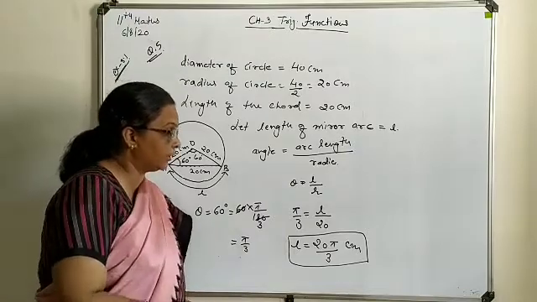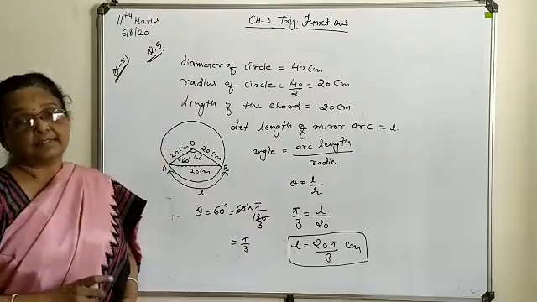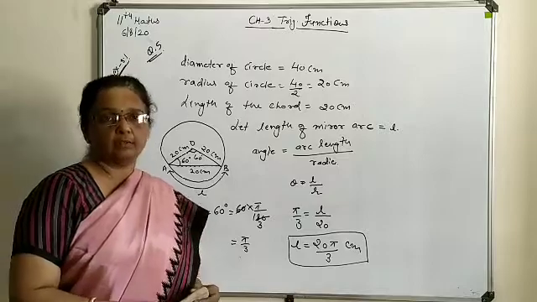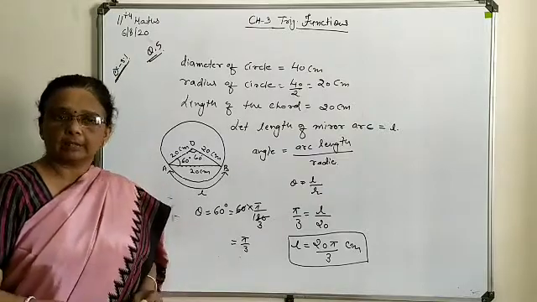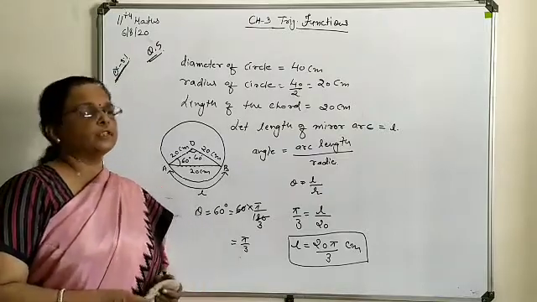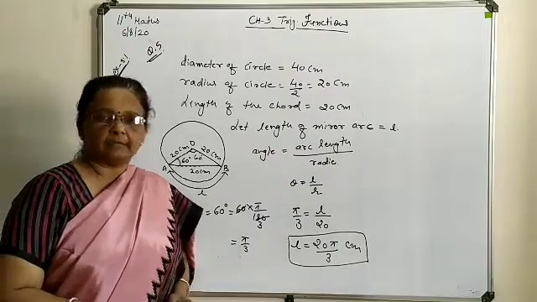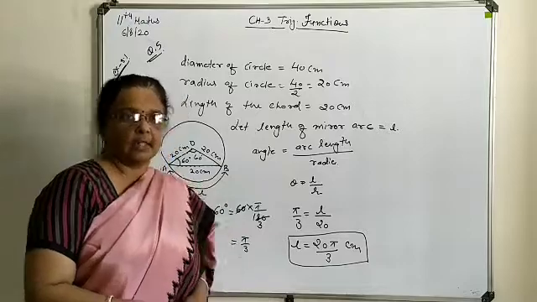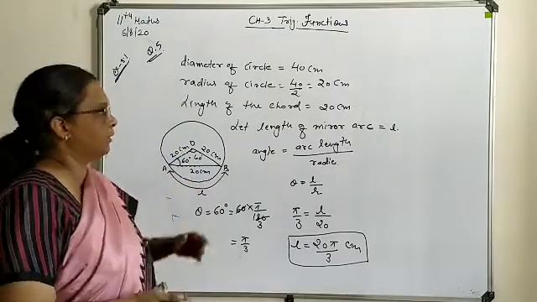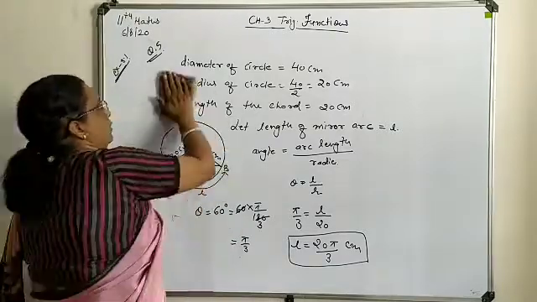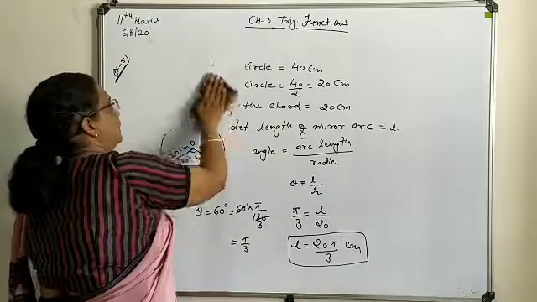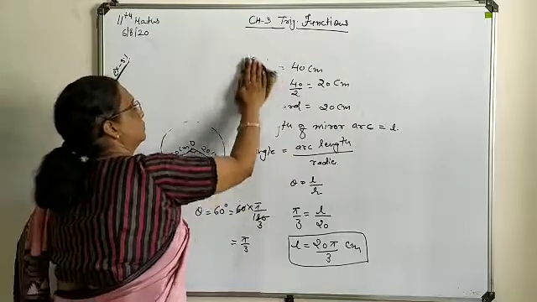Here we have to find, if they have the same length of minor arc, what will be the ratio of their radii. That means if the radii of the two circles are R1 and R2, we have to find R1 is to R2. First of all, we are going to sketch the information in a diagram. This is question number 6.